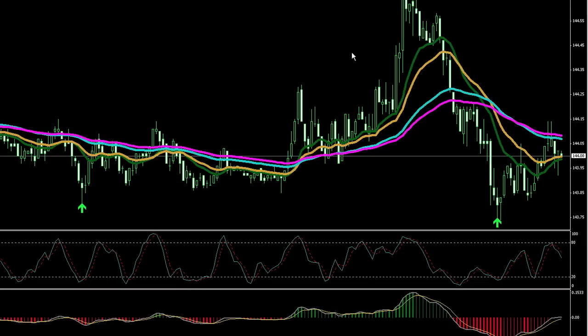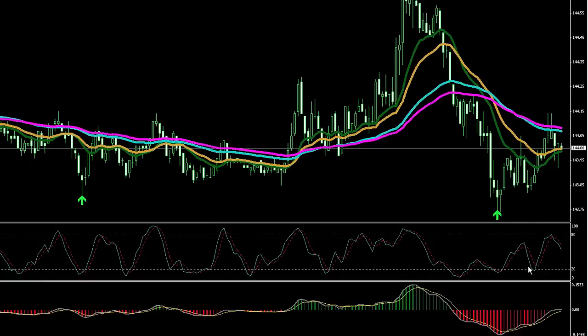Now, because we are looking at short trades, what you're looking for is for the stochastic to come up and go into and above 80. And this right here, even though it's really not above 80, I would probably count this. And then both the main and the signal line come back off. There's a possible trade. Another possible trade is to wait for a bounce off of the ribbons, which we actually got here.